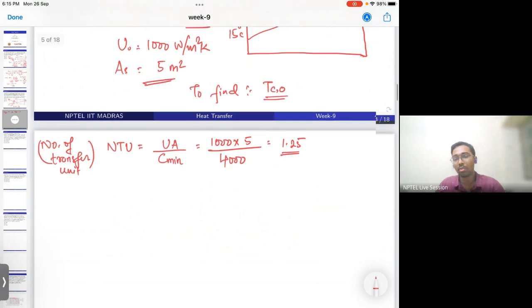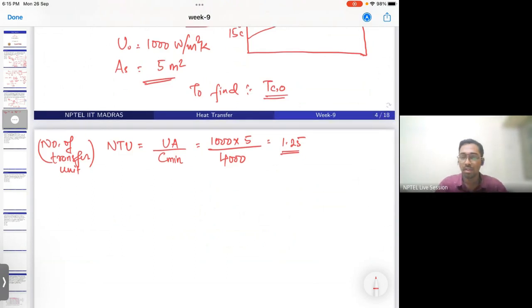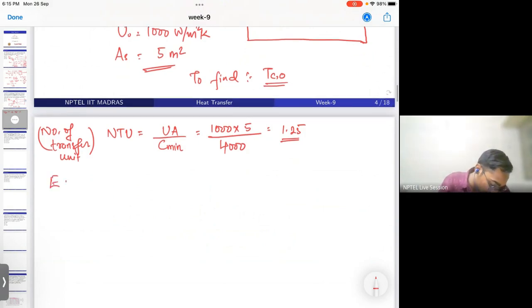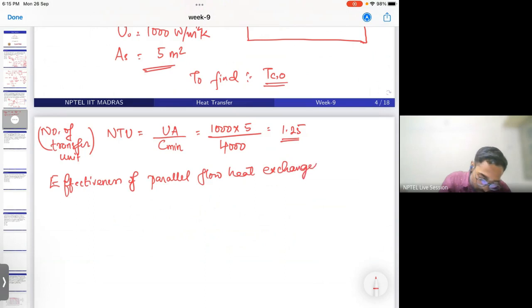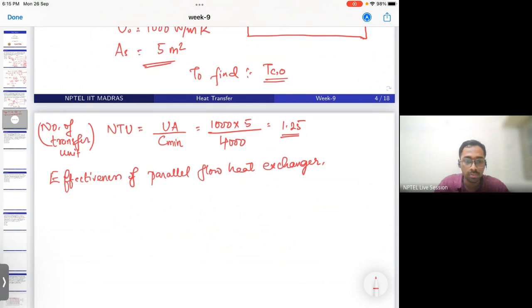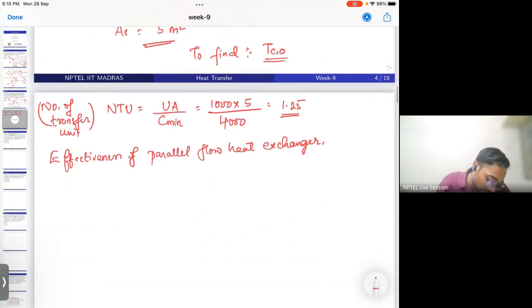Now we have to use the expression for effectiveness of a parallel flow heat exchanger. This expression is easily available in any heat transfer textbook like Incropera or Cengel. You can directly find it, and it is also derived in those textbooks.